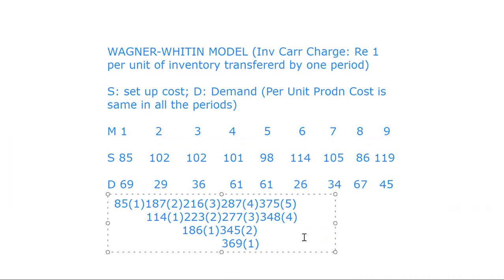So my cost is 277 plus 61 into 2 overall. I produce in period number 3, so my cost is 216. Then I add to this 61 plus 61 into 2. So how much does that become? Yeah, you are right in that way. What is the cost? This cost is how much? 399. Oh. Is it 409?